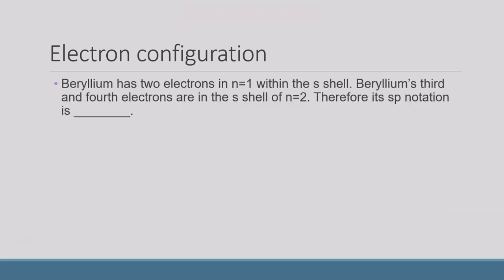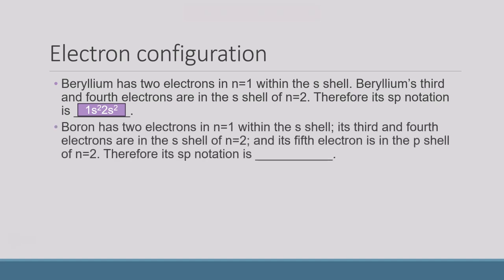Beryllium is going to have the first 2 electrons filling up the first energy level. The third and fourth electrons are going to fill up the s shell of the second energy level. So the SP notation would be 1s2, 2s2. Boron has 2 electrons in the first energy level.